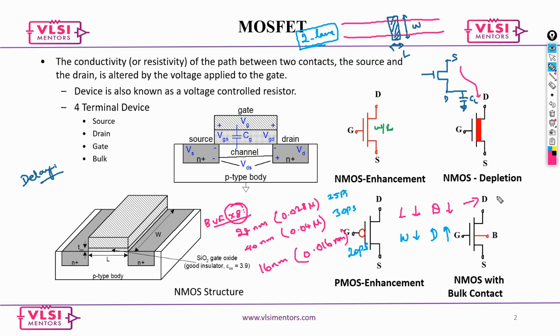Now coming to the width: the width and the technology do not have any relation. The transistor width depends on your requirement, you decide. But L depends on the technology. So your gate length is going to be 0.028 in case of 28 nanometer, 0.04 in case of 40 nanometer, and 0.016 in case of 16 nanometer.